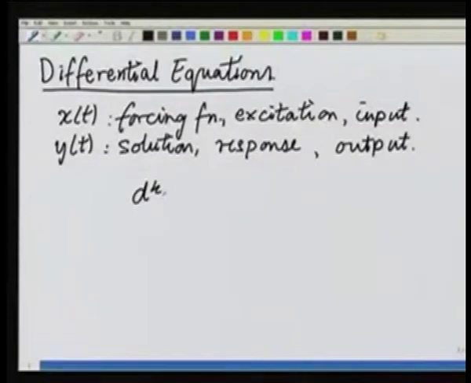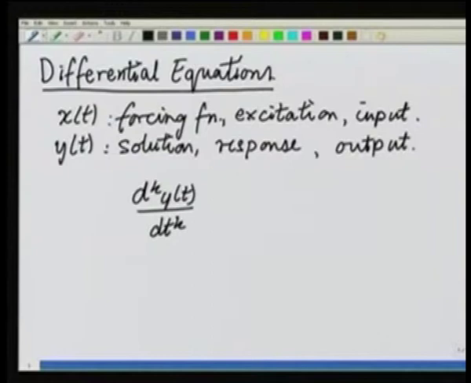So, if we denote the kth derivative of y(t) by d^k y(t)/dt^k, then in the construction of a general differential equation some n of these derivatives of y(t) will be combined together to form a function which is equated to x(t) in the following manner.